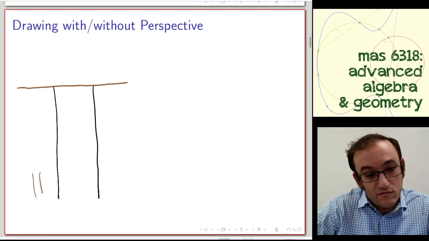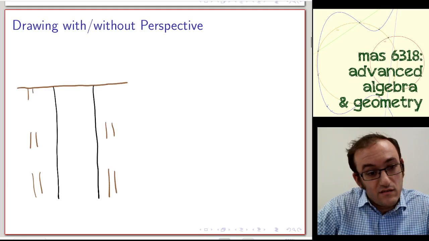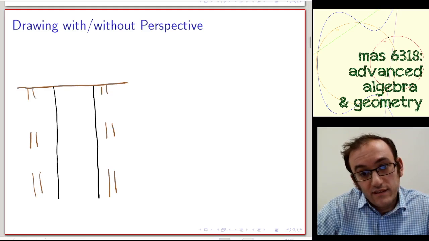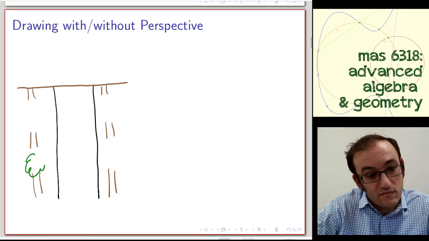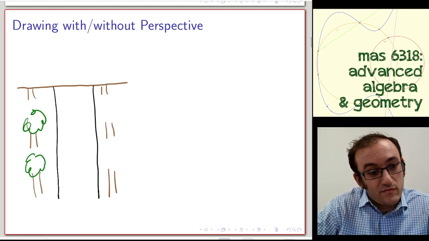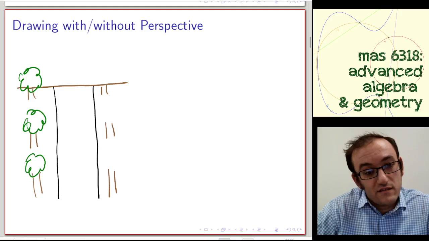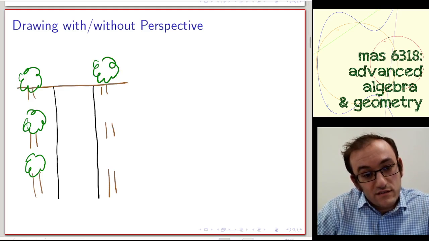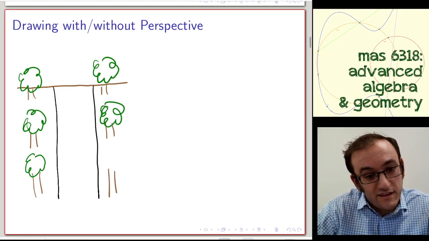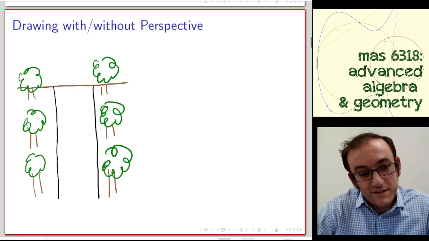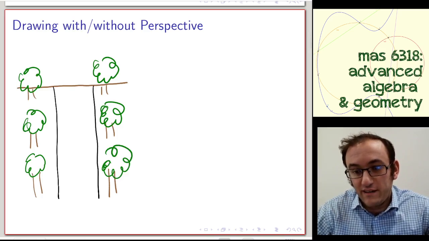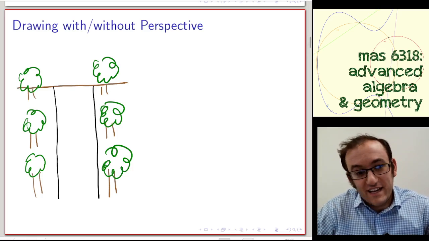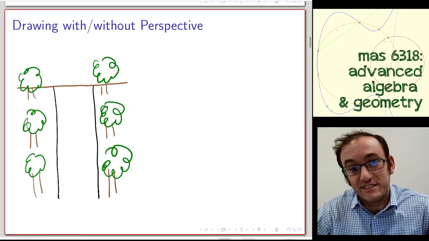So I'm going to draw the tree trunks first. Then some leaves. Okay, so this looks like a very basic cartoon drawing that you might see in a kindergarten class with a not particularly talented kindergartner.